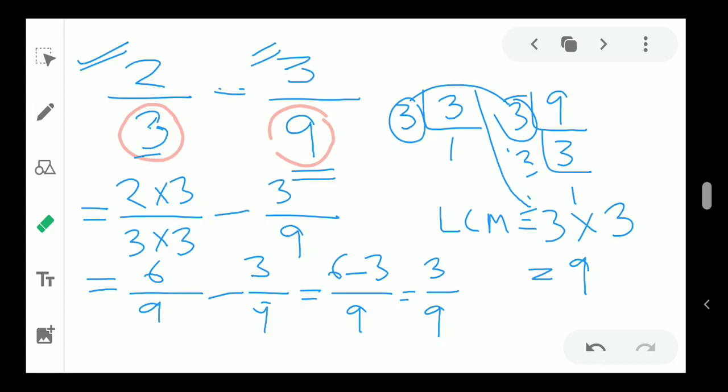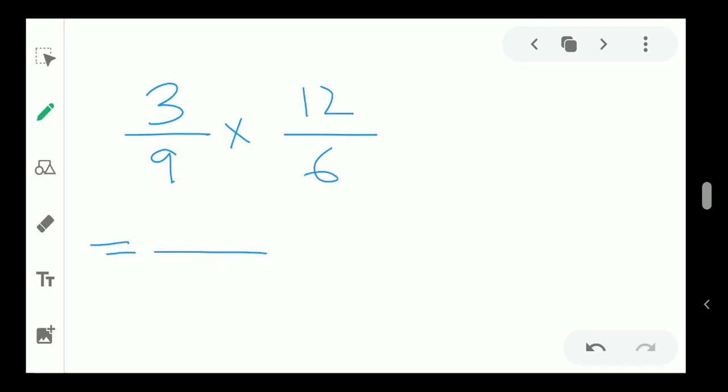Basically we will also do multiplication. If you have something like this, how do you do it? The first thing you do is split the terms. Instead of 9, I can always write 3 into 3.